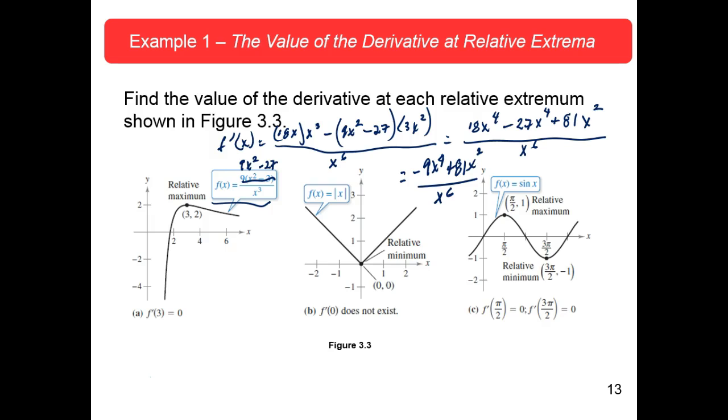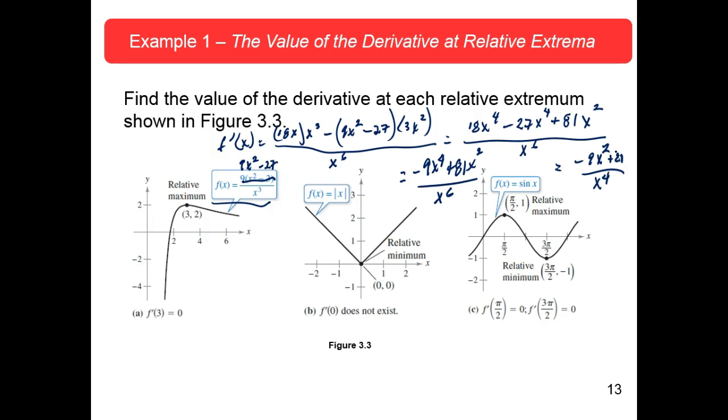It'd be negative 9x squared plus 81 over x to the 4. Perfect. That's about as simple as we can get it. It's a really ugly 81, but that is 81.